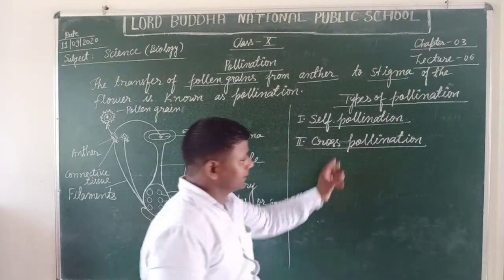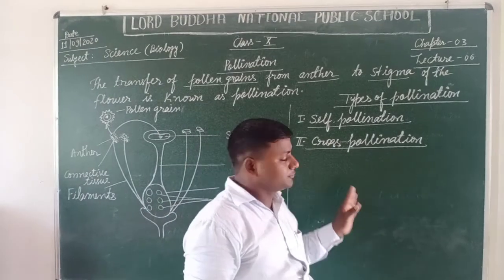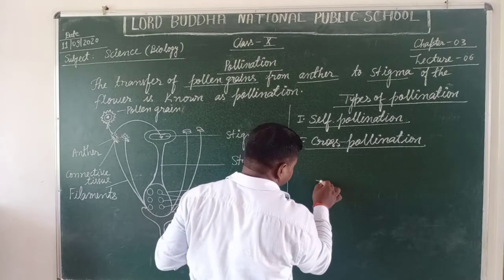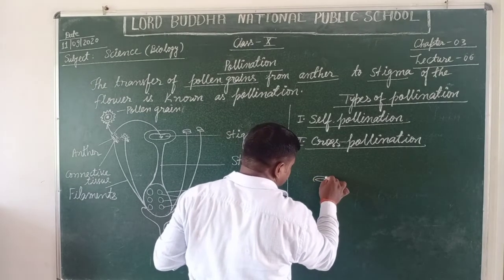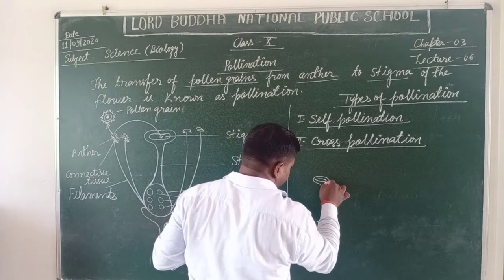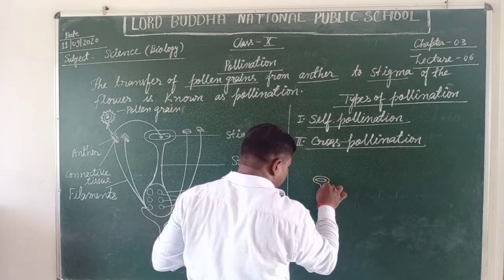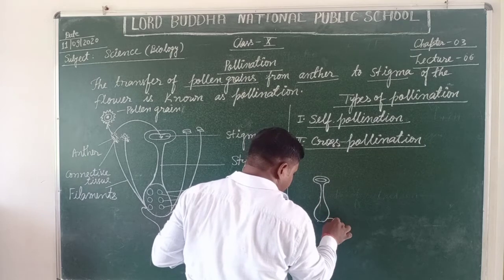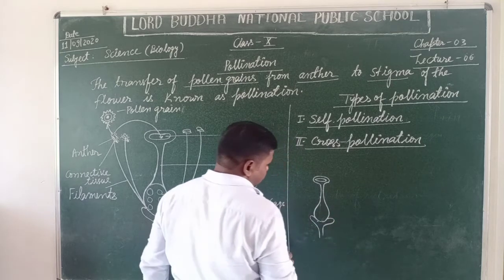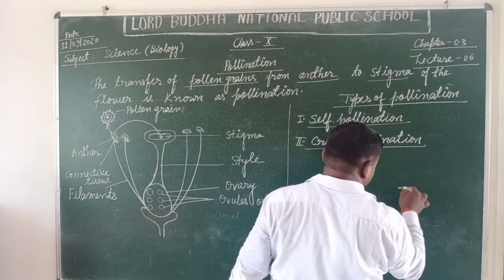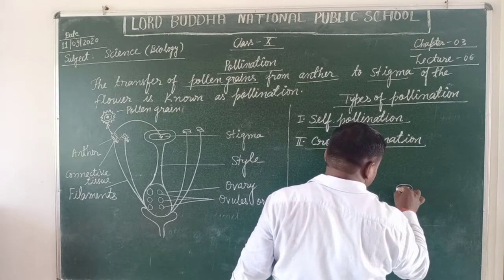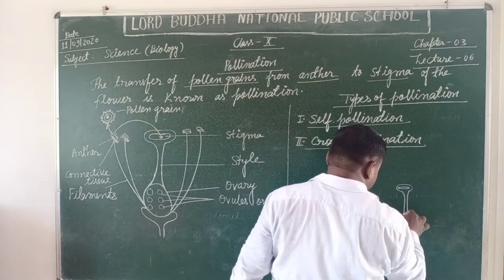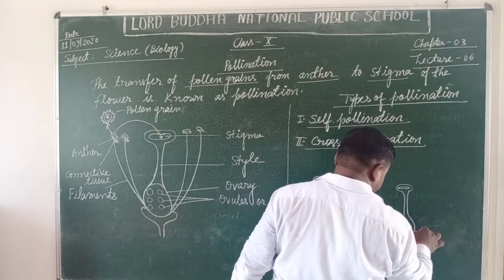Cross-pollination may be defined as follows. Here I take two diagrams of a typical flower. This is the first one, and that is the second one.